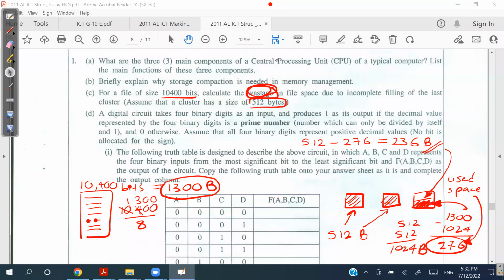Okay. So we'll go with the marking scheme.